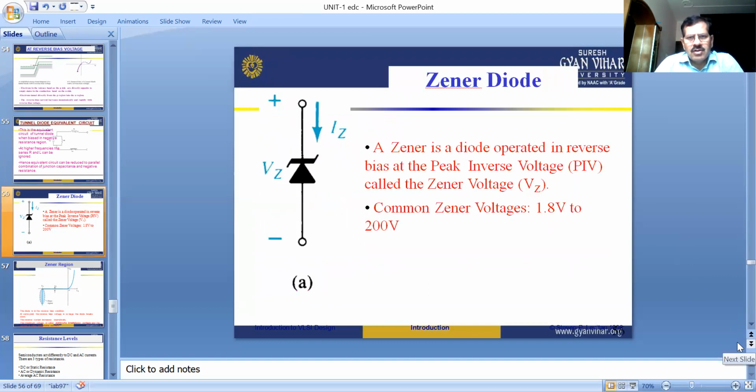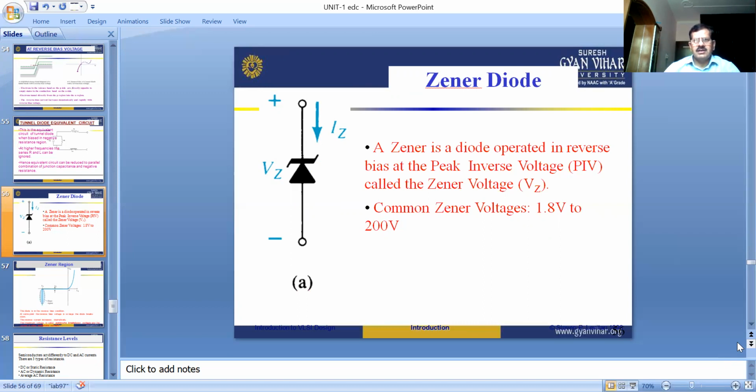Next device, semiconductor, is the Zener diode. This is also a PN junction diode, but it has some specific concepts, and its working operation is different as compared to the tunnel diode and the simple PN junction diode.